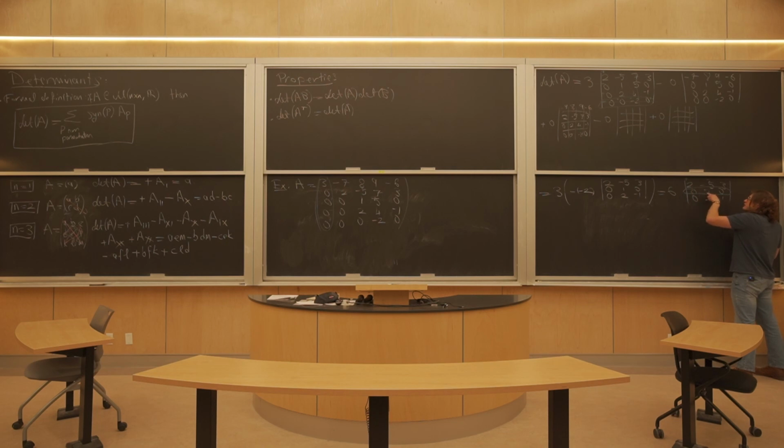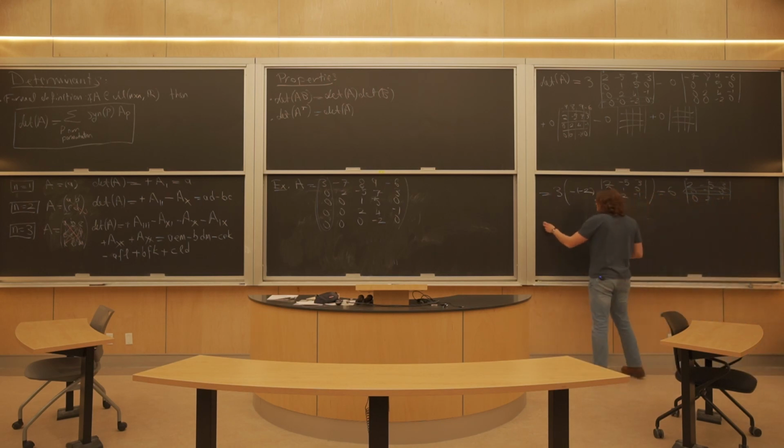So now I can choose this. This is a plus, so this gives me this. Because I'm choosing this, I'm getting rid of this row and this column. And you see, I'm left with a 2 by 2 matrix. This is 6 times plus 1 times, right? 1 times 2, 3, 0, minus 1.